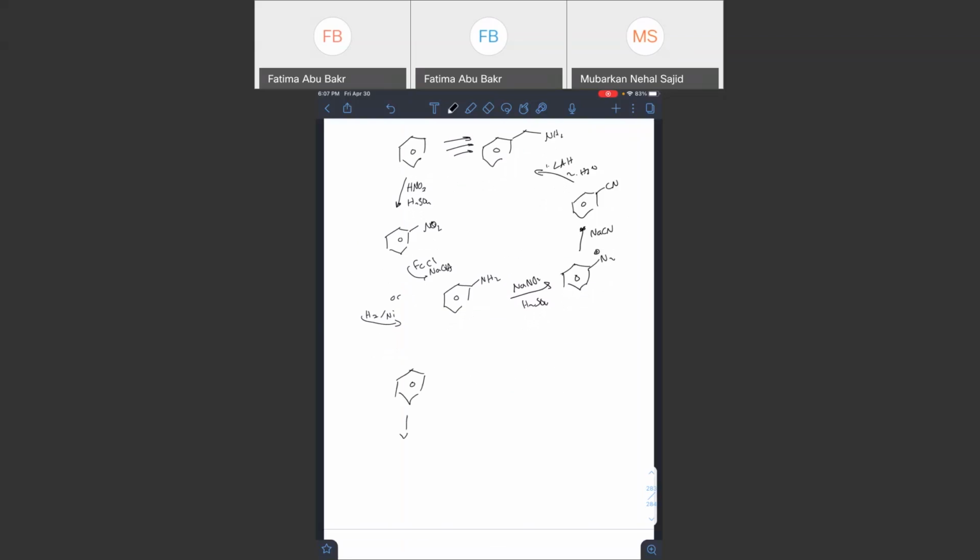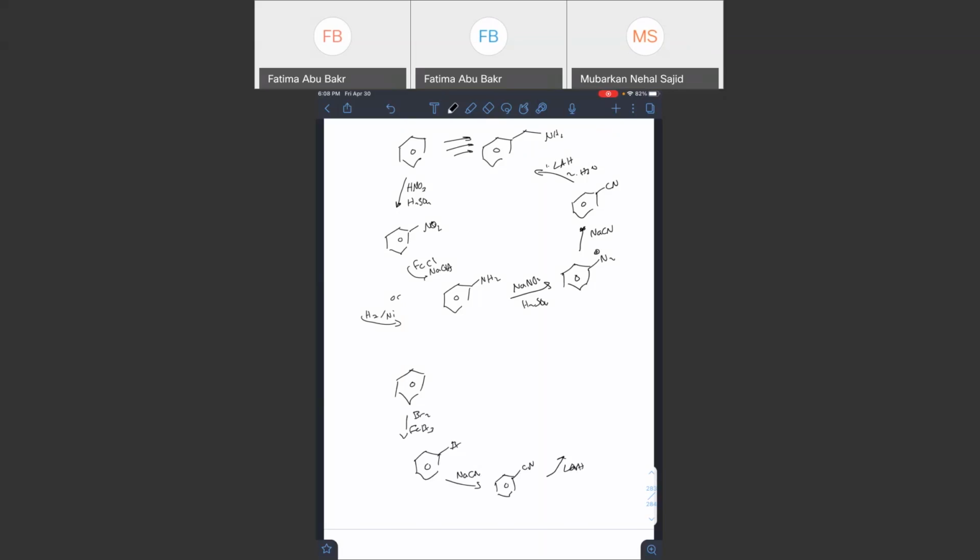So you just go FeBr3, Br2. And then that will add a bromine somewhere. And then from there, you just turn it into a CN with NaCN. And then from there, just LAH. And this is obviously way easier.